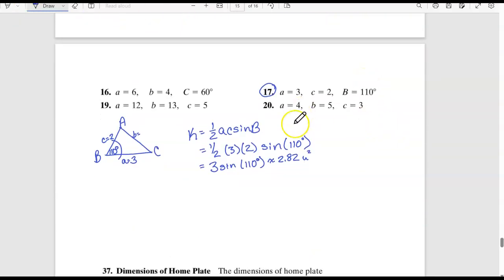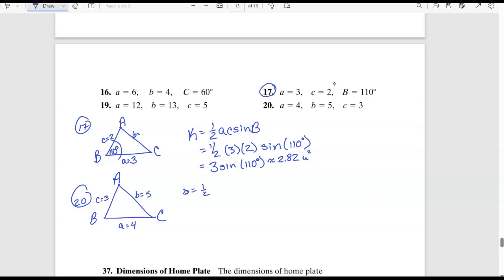Since this area is going to be in square units. So if we had another one where we had to draw a picture of it, maybe like in number 20, I like drawing the pictures so we have a visual of what's going on. So side A is 4, side B is 5, and side C is 3. We got to find S first. S is 1/2 of the distance around, so 1/2 of 12, which is 6.